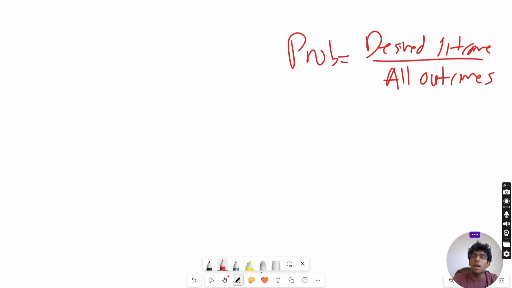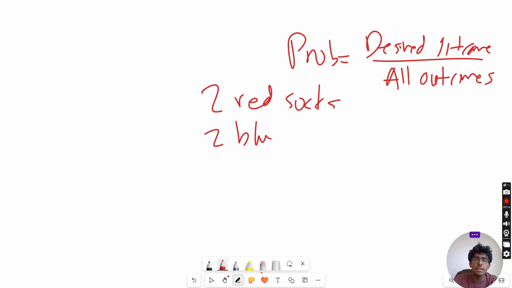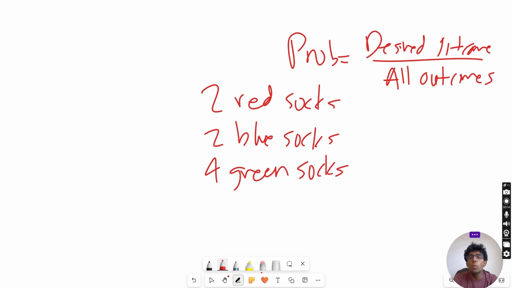So, for example, a pretty simple example, let's say we have a drawer with 2 red socks, 2 blue socks, and 4 green socks. And we want to figure out the probability. If we were to randomly pick one of the socks in the drawer, what is the probability it's going to be a green sock, for example? So green sock, that's our desired outcome.